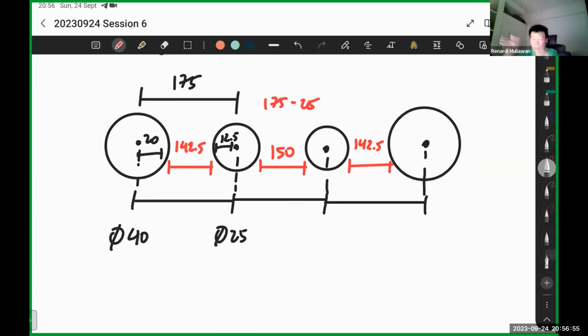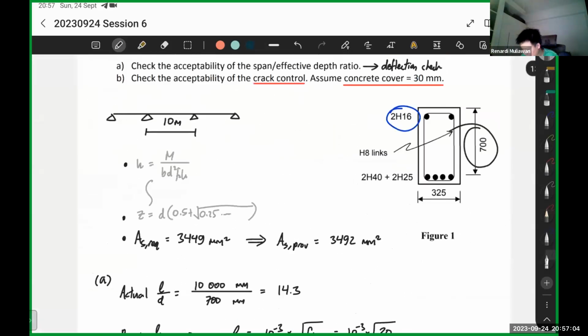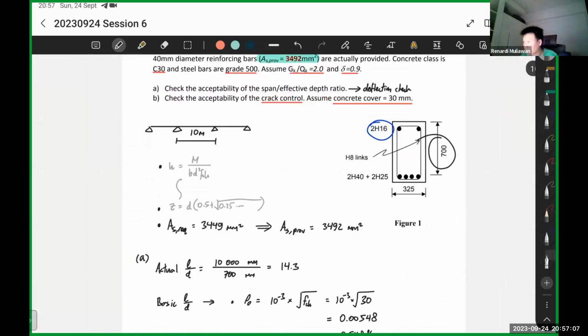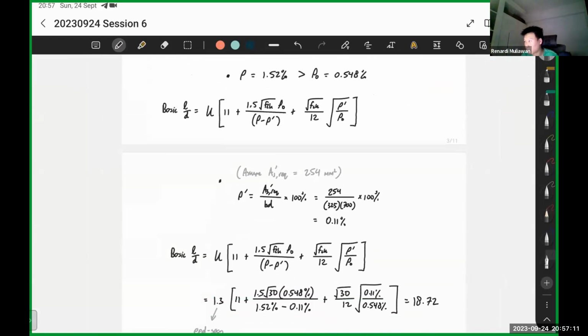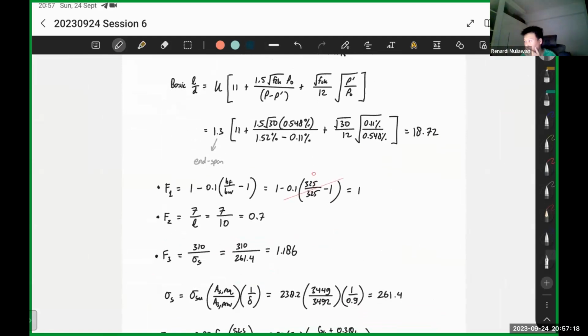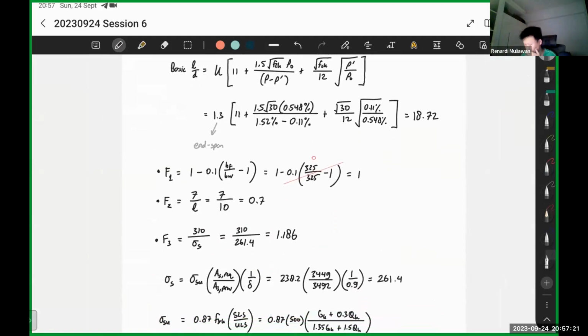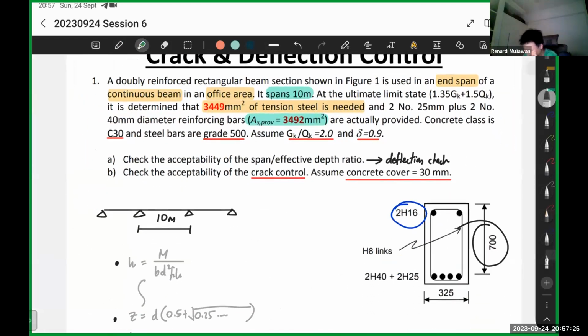Now we just need to check if the whole stretch is still inside 325. Wait, let me check. I think I made a mistake here. Give me a second.